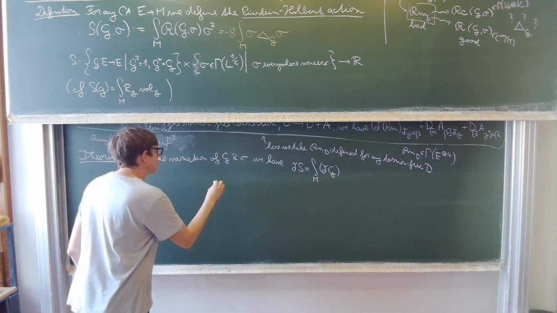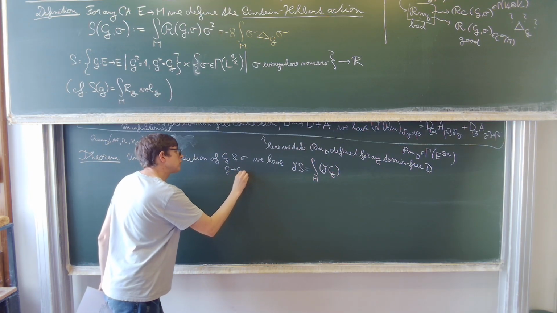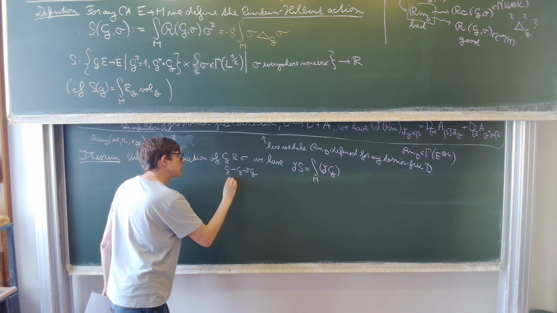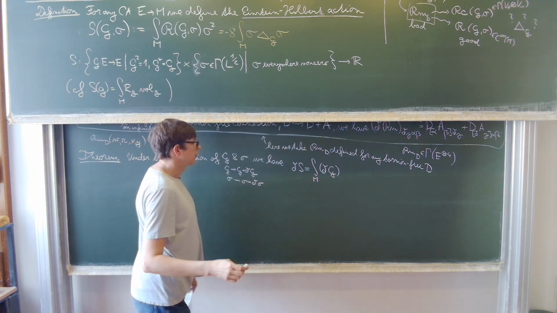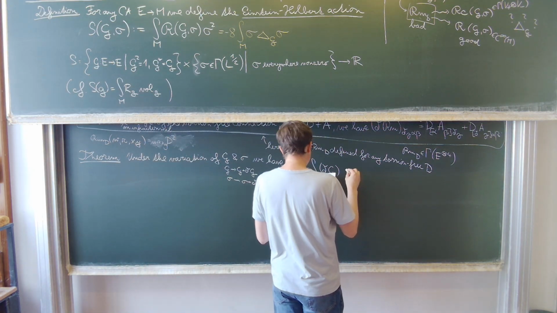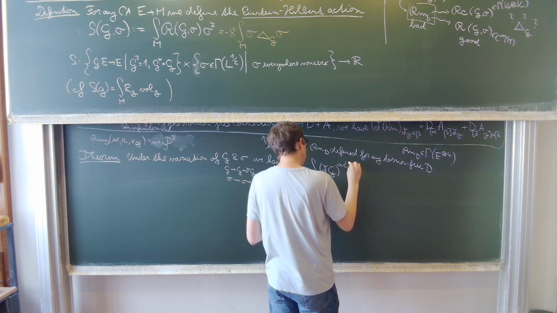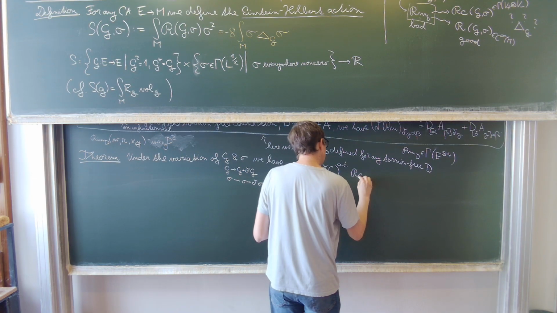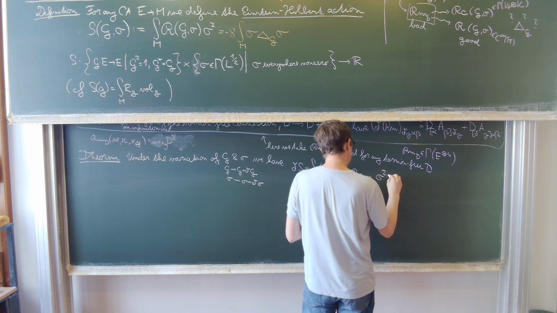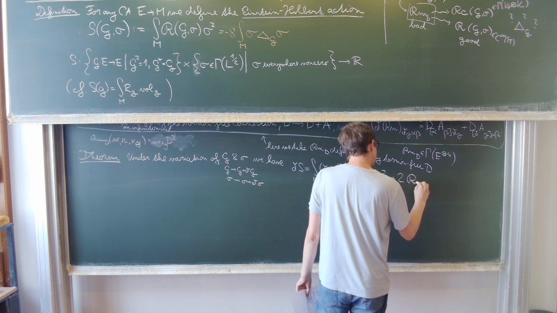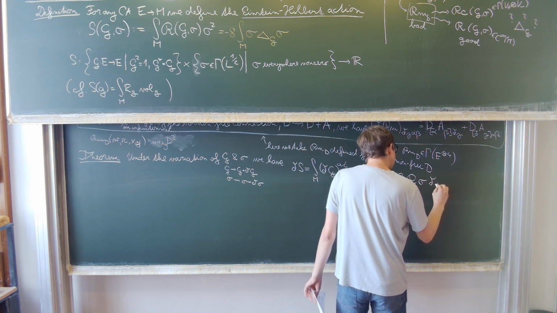By variation I mean that G varies slightly, so I change it, and sigma goes to sigma plus delta sigma. Okay, this is contracted with Ricci, and then sigma squared plus 2 times R times sigma times delta sigma.